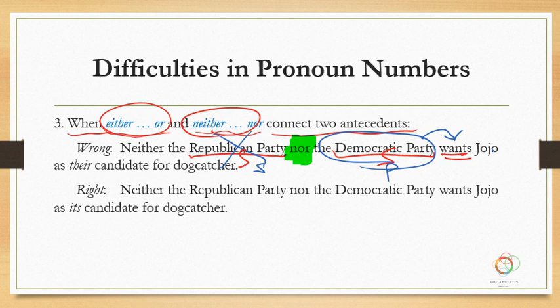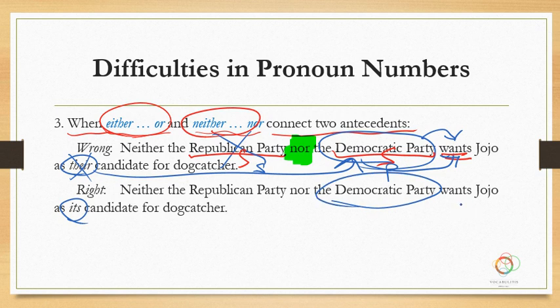For the same reason, when you're choosing the pronoun, you don't want their, because it should be referring to the subject that controlled the verb. Okay, so we should be looking at Democratic Party and then wants, and not their, but its. Okay, to match up. Democratic Party wants its candidate for dog catcher.